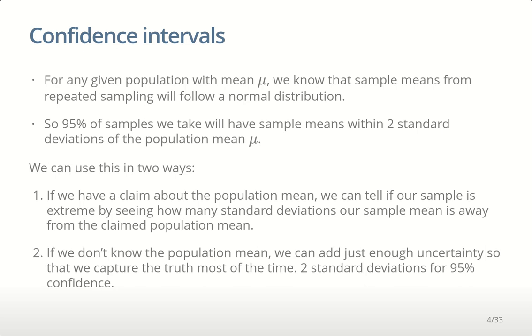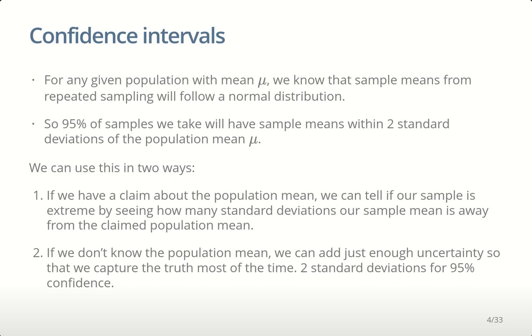So if you take samples, you compute the mean of those samples, and if you look at how those sample means are distributed across many replicate samples, you find that they follow that nice bell-shaped normal distribution. And in fact, we can even say how much spread that normal distribution has, and of course what the center is.